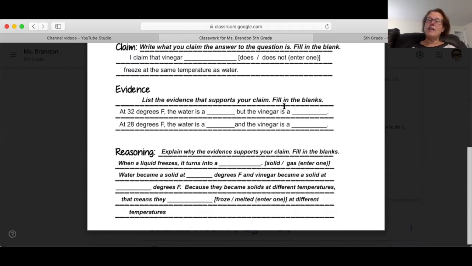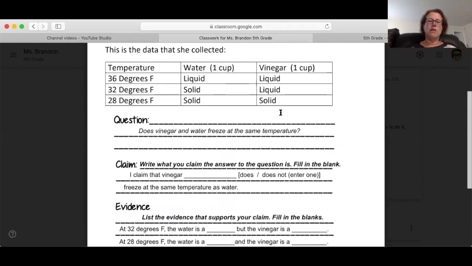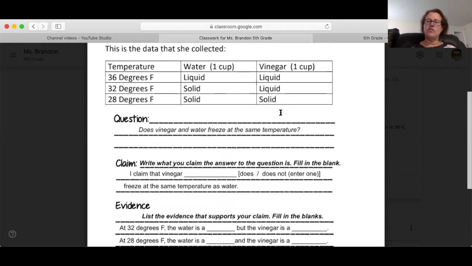And then at the end, you're going to share your reasoning. Explain to me your thinking. Why does the evidence support your claim? Fill in the blanks. When a liquid freezes, it turns into a blank, either solid or gas. Water became a solid at which degrees Fahrenheit? Go back to your data collection, a data chart, and fill that in.